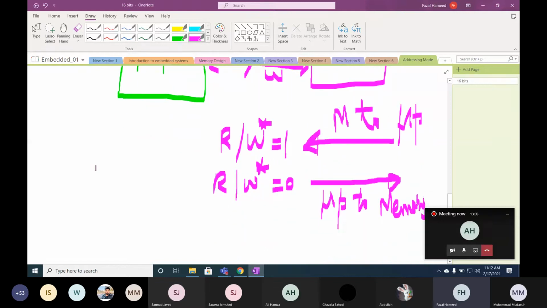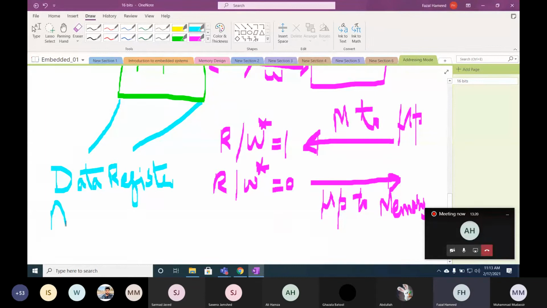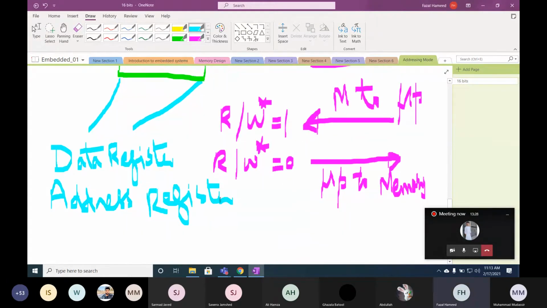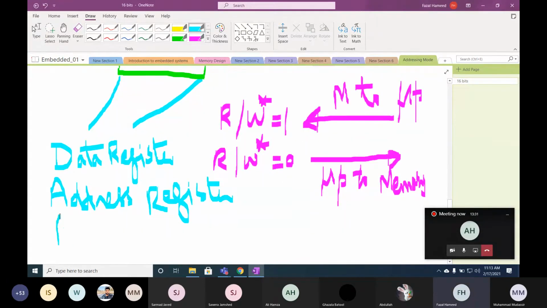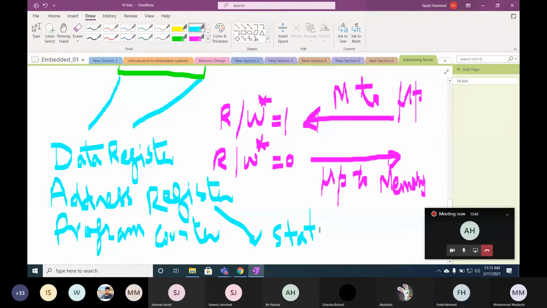It has two types of registers: data registers, and then address registers. It also has a program counter and another register called the status register. We will study the program counter and status register later.